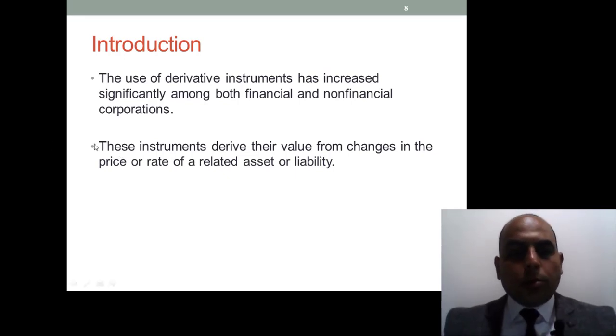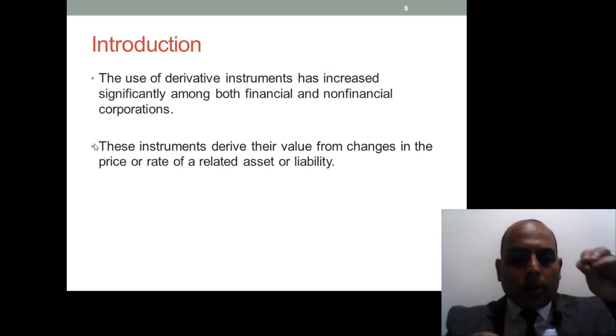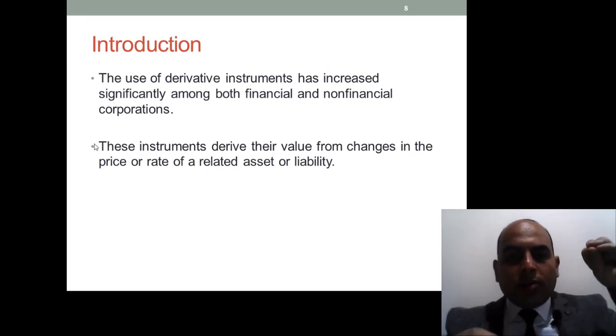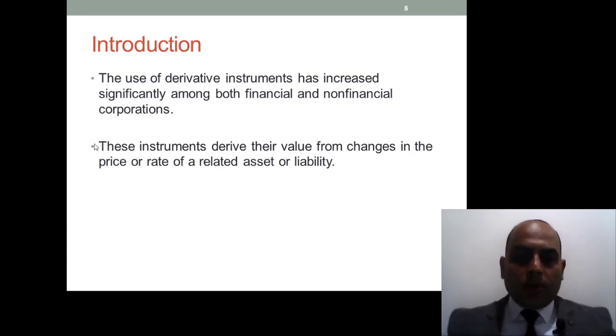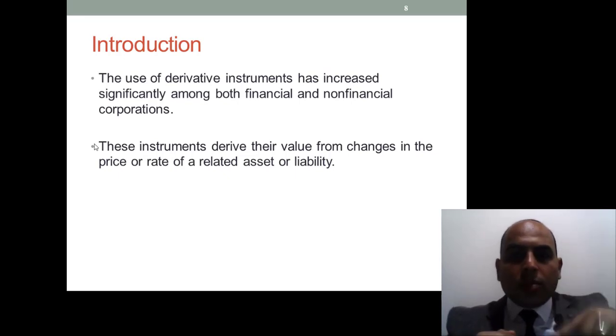It's a very important point. Now you have to be careful. The financial instrument derives its value not from the value of the goods itself, but from the changes, from the fluctuation of the prices.